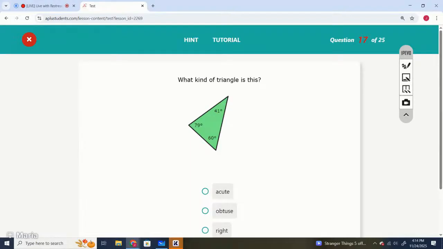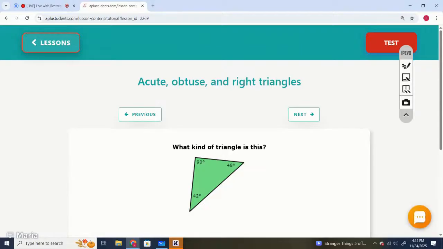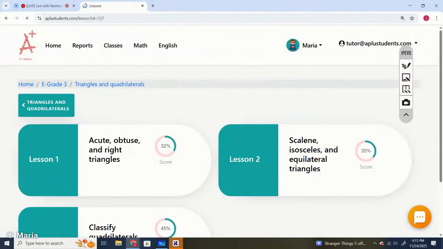The next lesson is scalene, isosceles, and equilateral triangles.